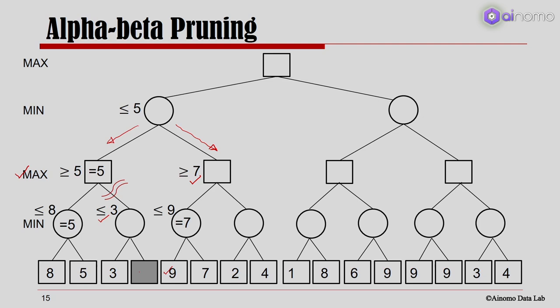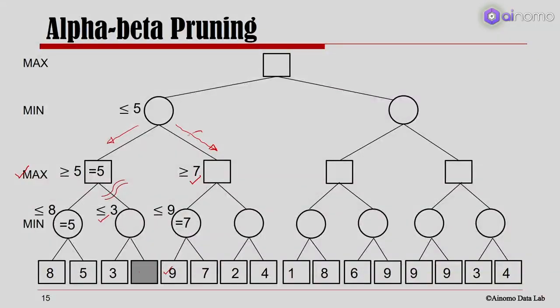Now the idea for min is to minimize, and therefore if I have a subtree which guarantees that the value is going to be at least 7 or more, then when I am searching as min, this subtree is as good as non-existent for min. So we will have a cutoff there.